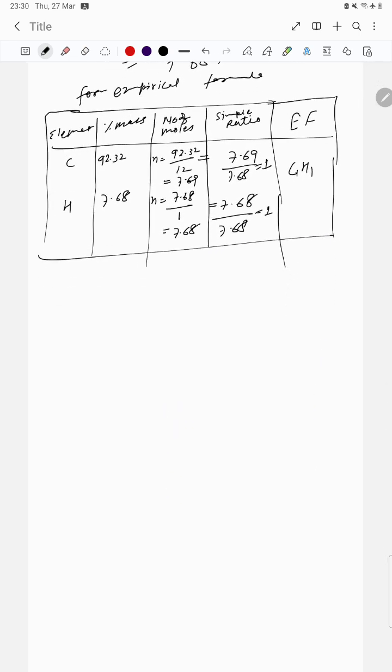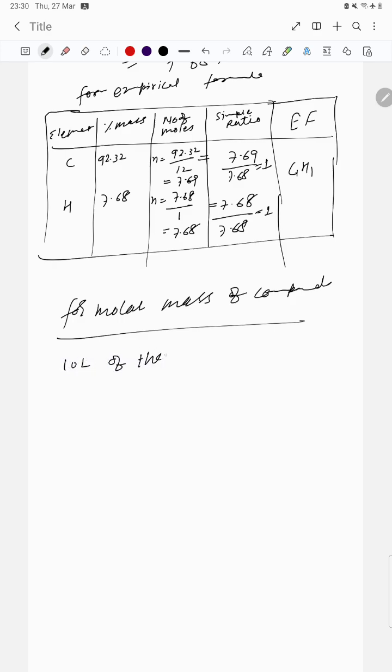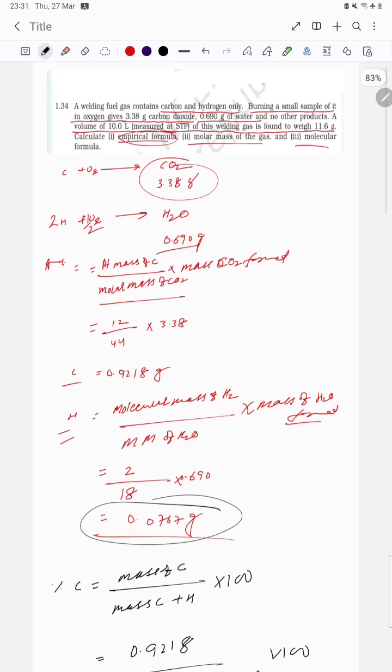Now for the molar mass of the compound, what can we do? 10 liter of the gas at STP, how much have they given, student? 11.6 gram. It is there in the question itself.